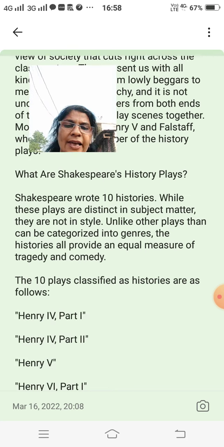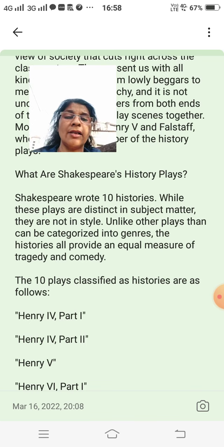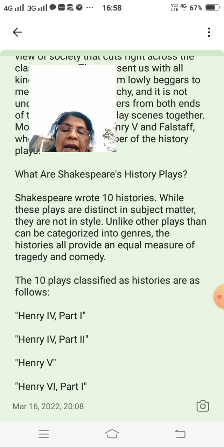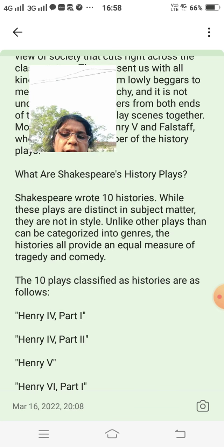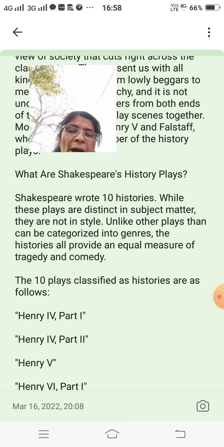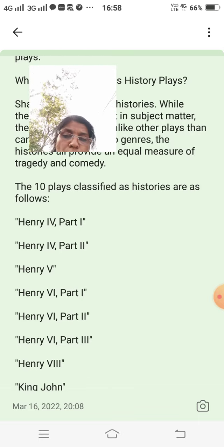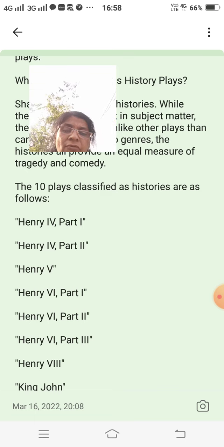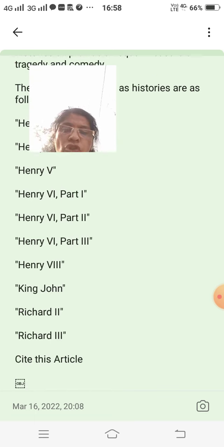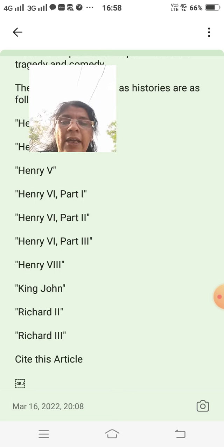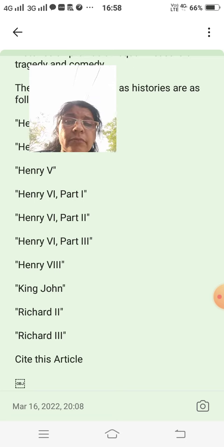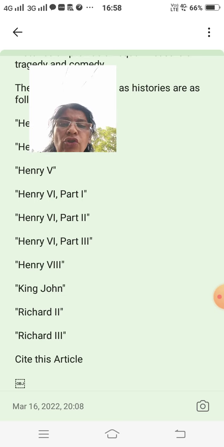The 10 plays classified as histories are as follows: Henry IV Part 1, Henry IV Part 2, Henry V, Henry VI Part 1, Henry VI Part 2, Henry VI Part 3, Henry VIII, King John, Richard II, Richard III.